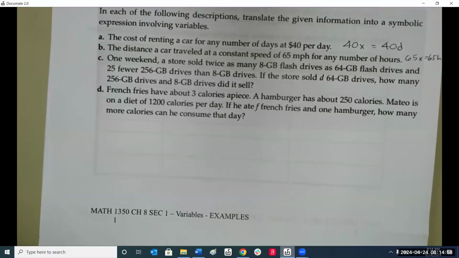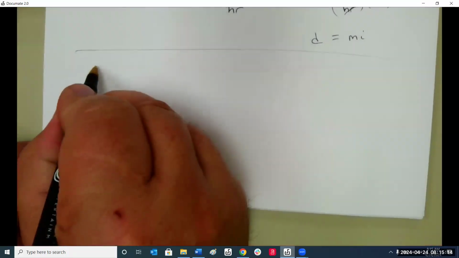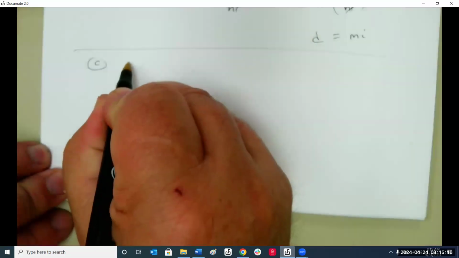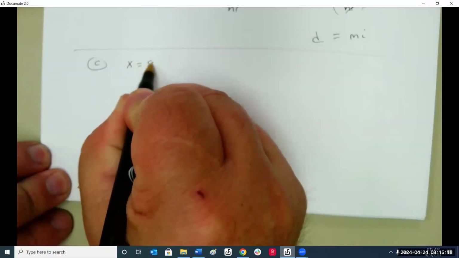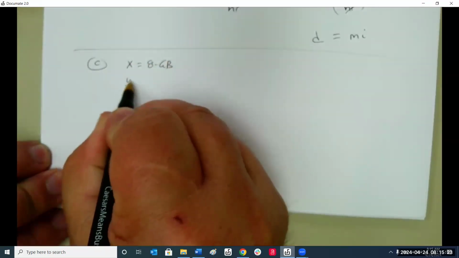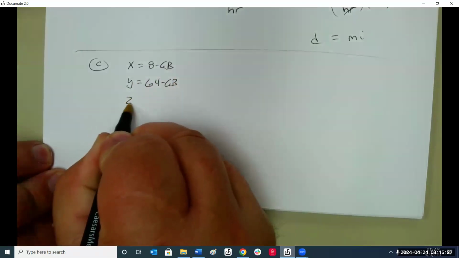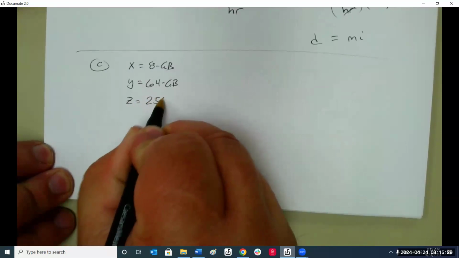So did you put labels in all these things? Instead of writing 8 gig, 16 gig, 34 gig, whatever, what was the first thing you want to do? The first thing I want to do, this is in C, I would say X equals 8 gig, Y equals 64, and Z equals 256.